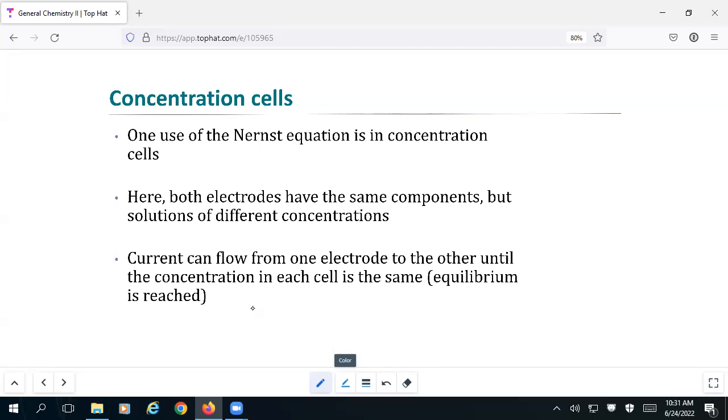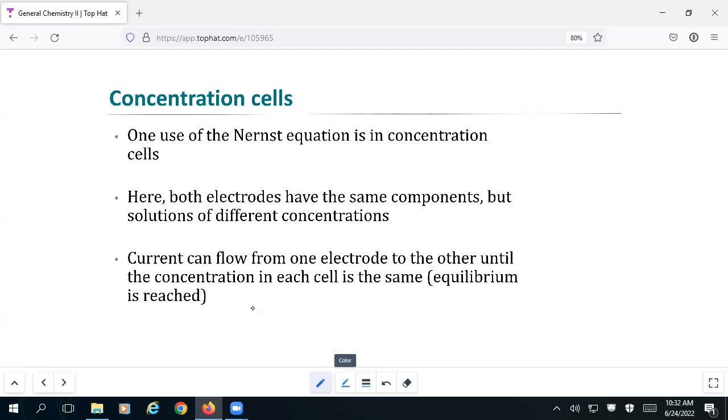A concentration cell is simply a voltaic cell where both electrodes are exactly the same, at least in terms of their composition. So yesterday I showed you a copper concentration cell where we had copper electrodes in both solutions, and we had 2 different solutions of copper sulfate, I think it was.